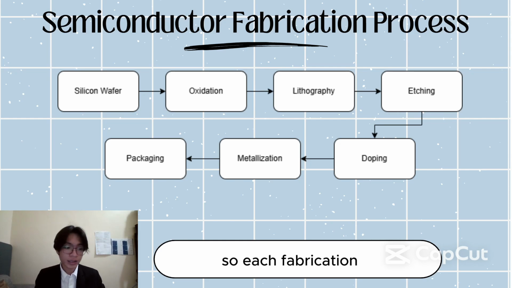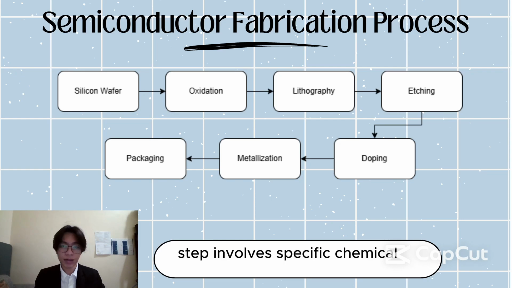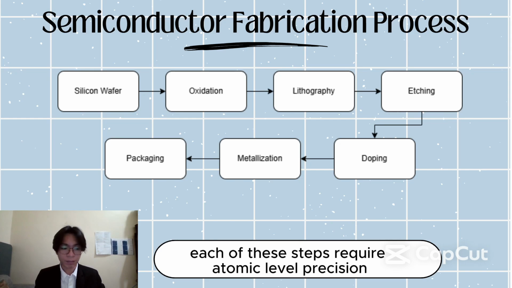Each fabrication step involves specific chemical reactions. For example, oxidation to grow the SiO2, acid etching to remove layers, and CVD to deposit thin films. And more importantly, each of these steps requires atomic level precision.